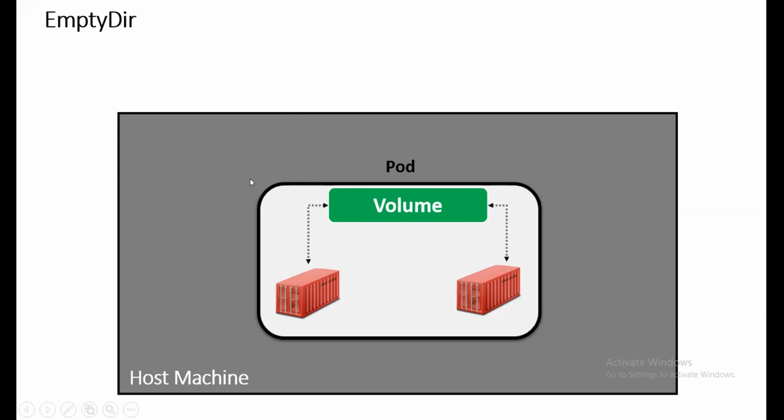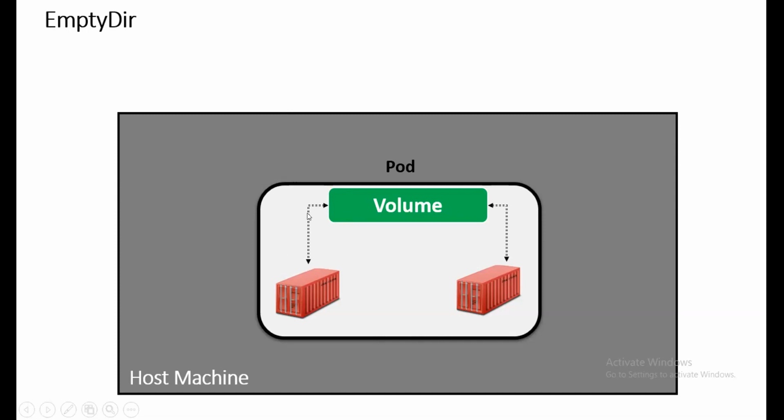It will not be available outside the pod. If the container gets deleted and recreated, from the volume you will get back the same content inside the container. But if the pod itself gets deleted, the volume will also get deleted. So for every new pod, you will get an empty volume.